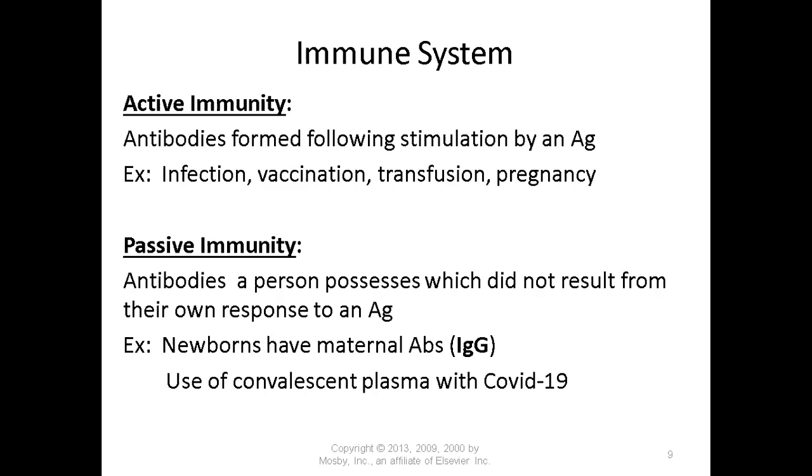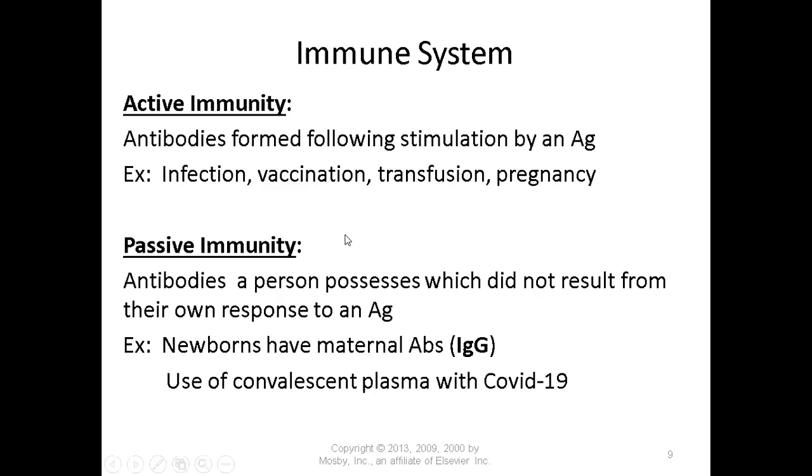And in this case, her body may say, hey, I don't have that antigen. I'm going to make an antibody against it. So once again, it's active immunity because in each one of these instances, an individual's own immune system is making the antibody in response to exposure to the antigen.